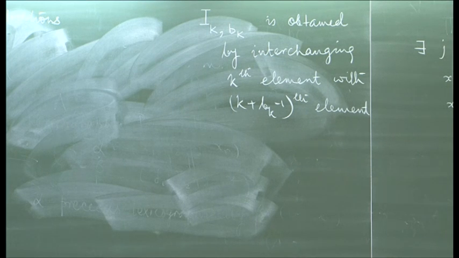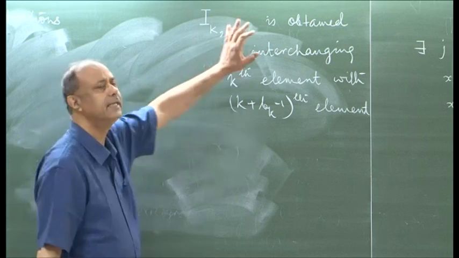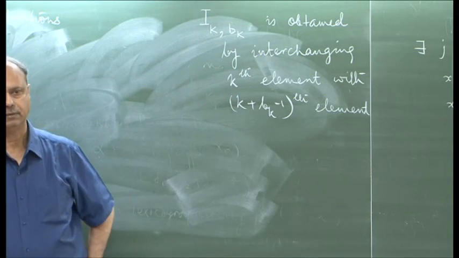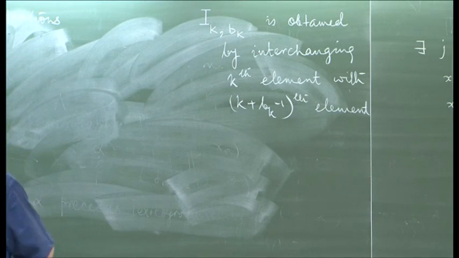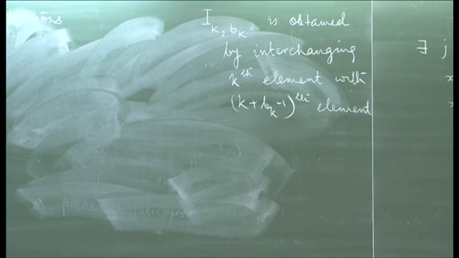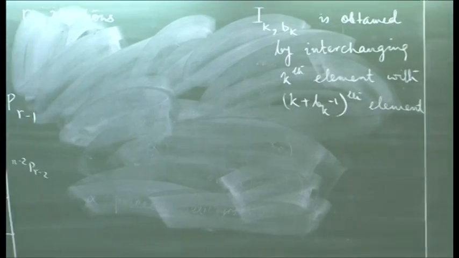At this moment, you assume that b_k is one number, one integer. What b_k is will come later. So I_k(b_k) is obtained by interchanging the kth element with the (k plus b_k minus 1)th element.